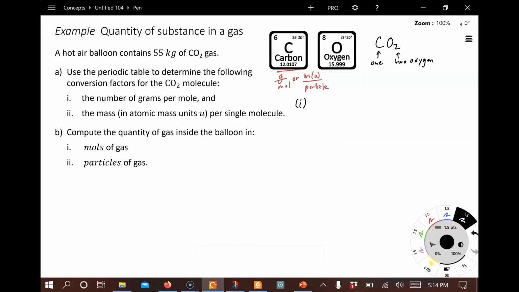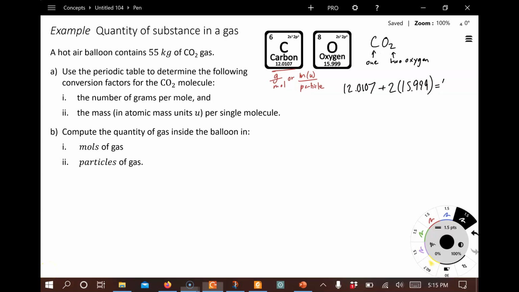So for carbon, we're going to have one carbon, that means 12.0107. And then we're going to have two oxygen, so 2 times 15.999. And when we calculate that number, we get a value equal to 44.01.